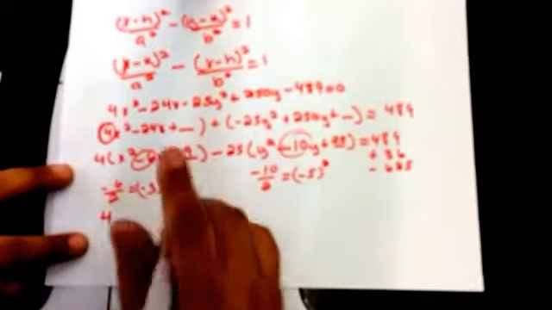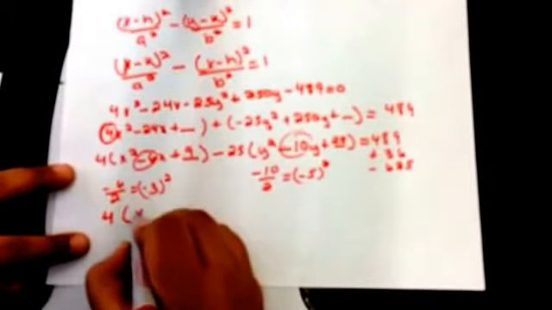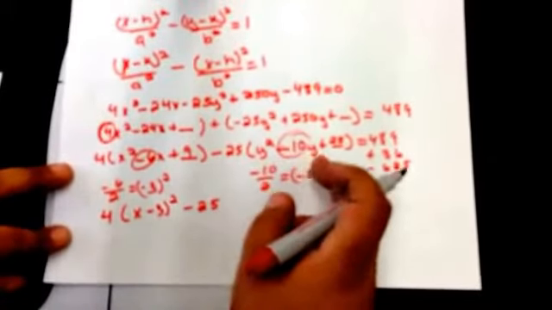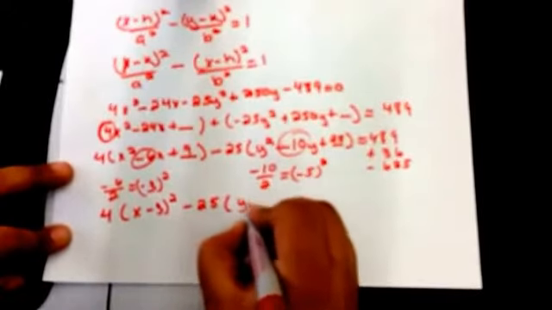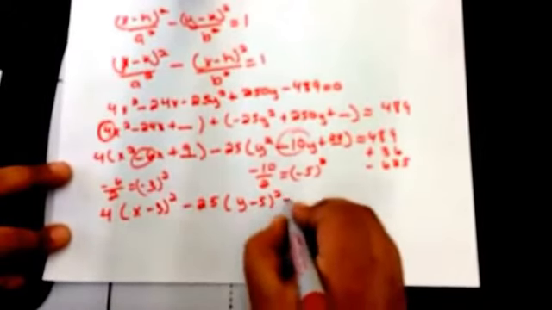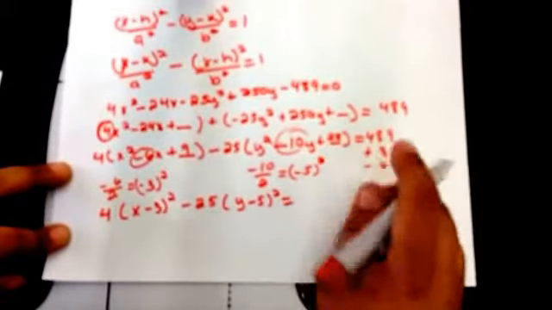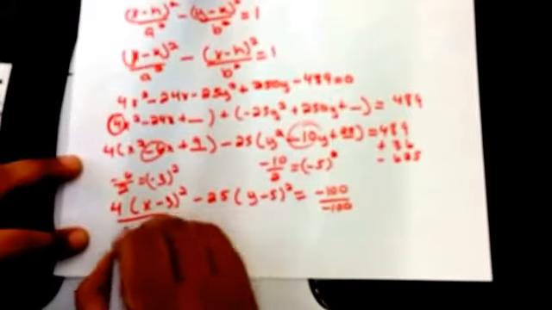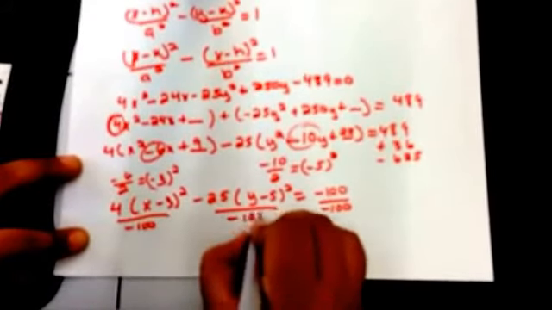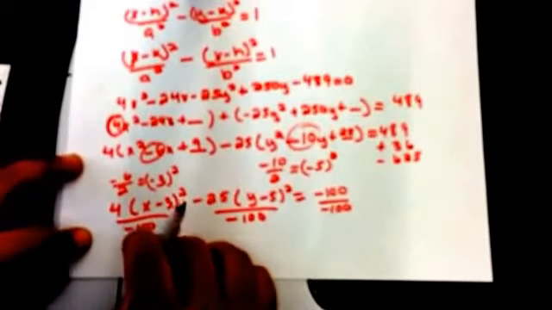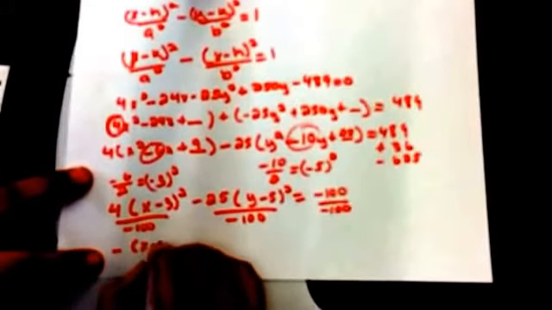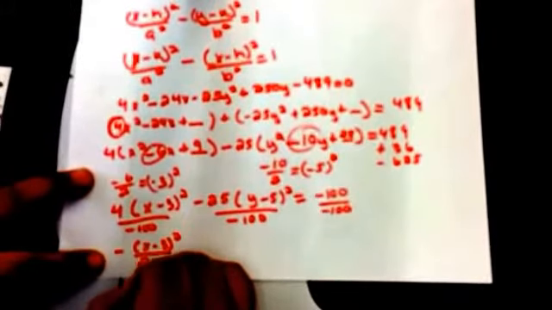So x squared minus 6x plus 9 can be written as (x minus 3) squared. And y squared minus 10y plus 25 can be written as (y minus 5) squared equals, this gives you negative 100. So I need a 1. So I'm going to divide by negative 100 on both sides. So negative 100 divided by 4 is going to give you negative (x minus 3) squared over 25.